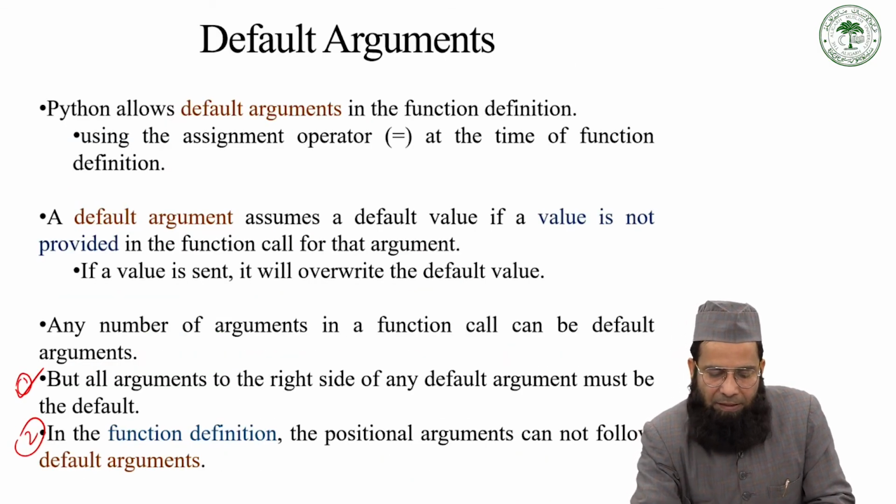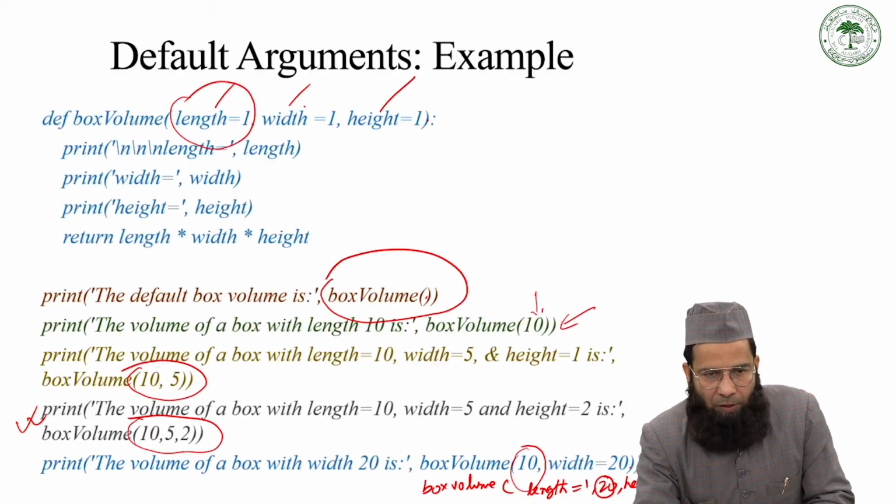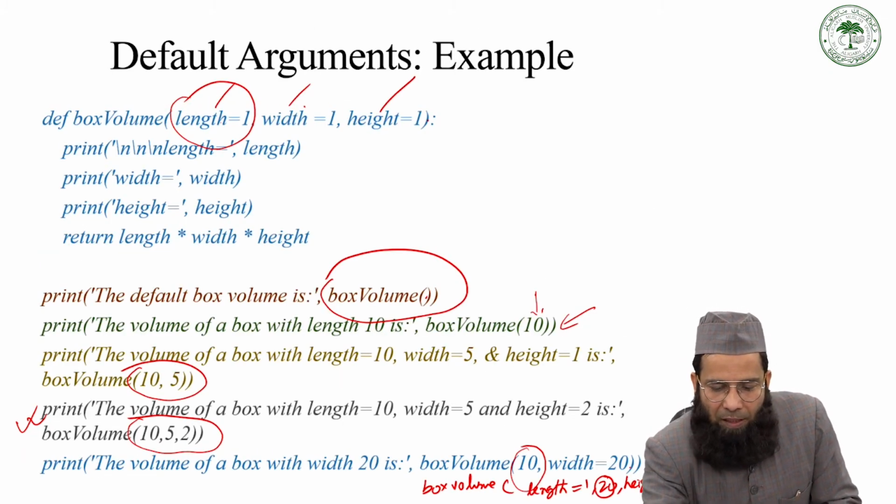The second one says in the function definition, the positional argument cannot follow default argument. So it means I cannot write, let's say you want height only.